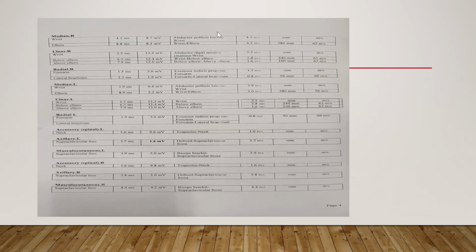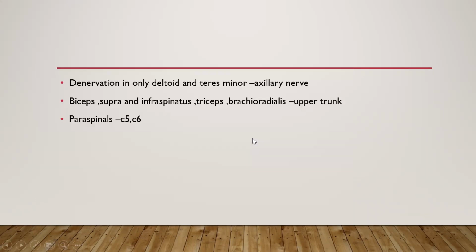Okay. Yes, ma'am. That means this is pure axillary, probably pure deltoid involvement. It is likely to be axillary nerve, or C5 root we still keep as a possibility. We'll check for rhomboids and so on. Denervation in only deltoid and teres minor will be which nerve?